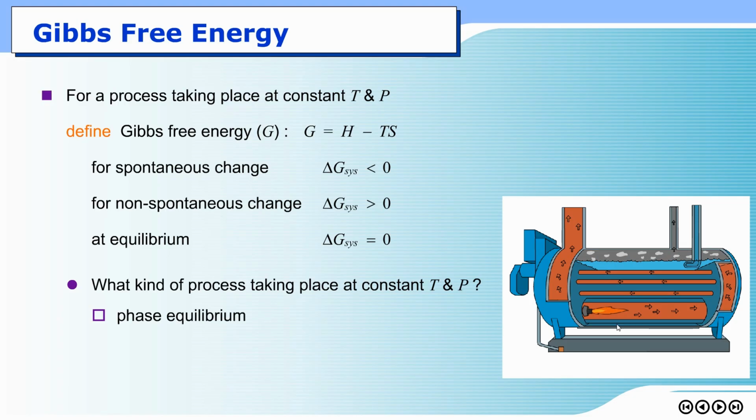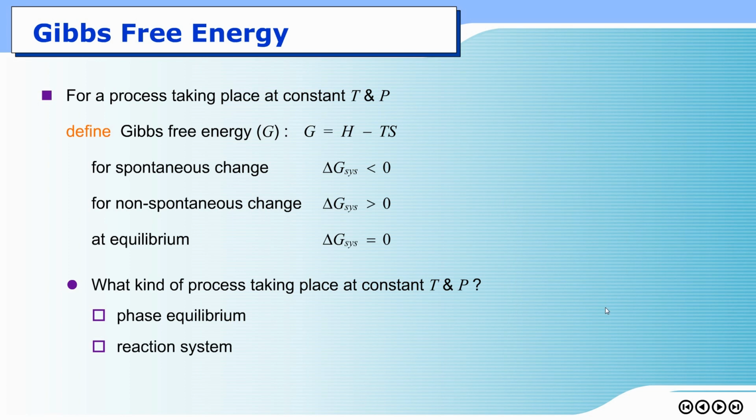It doesn't matter how much liquid water we have, as long as there are two phases, water vapor and liquid water together, we call that state boiling, and that remains 100 degrees Celsius at 1 atm, no matter how much water we have. So we can say that phase equilibrium takes place under constant temperature and pressure, and therefore we can use these criteria to determine whether phase equilibrium takes place or not.